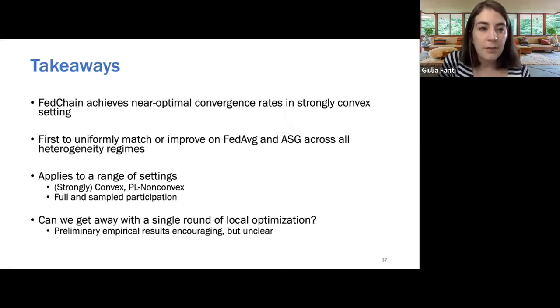And this is the first framework to uniformly match or improve on FedAvg and accelerated stochastic gradient descent across all heterogeneity regions. And I concluded with more questions than answers on, can we get away with a single round of local optimization? Our preliminary results seem to be encouraging, but it's unclear how helpful this approach actually is. So with that, thank you all for your attention, and I'd be happy to take any questions.